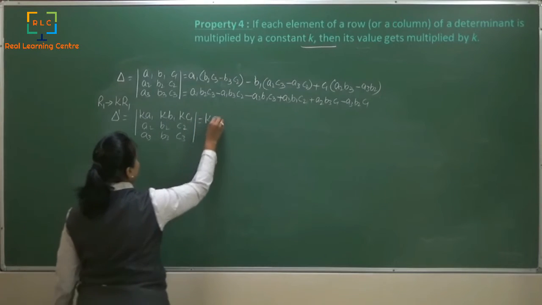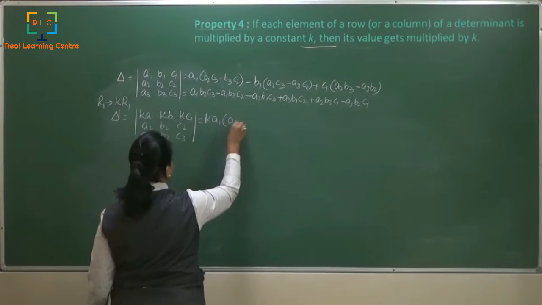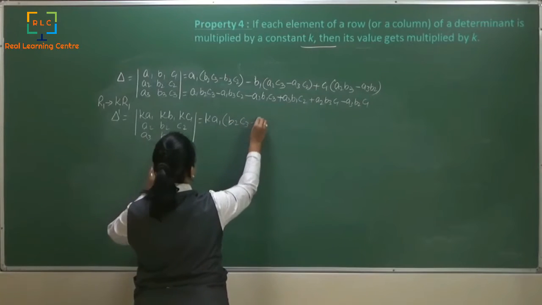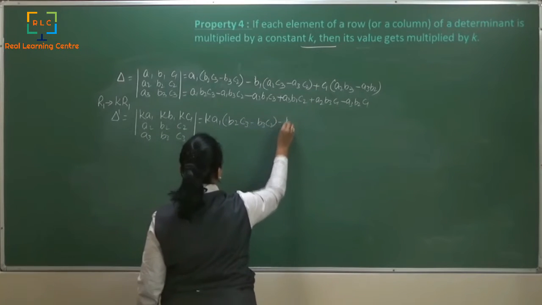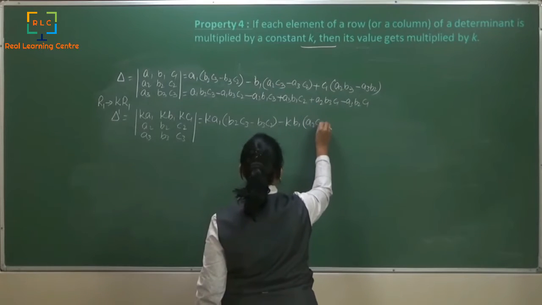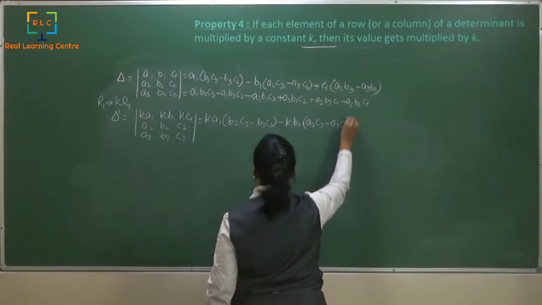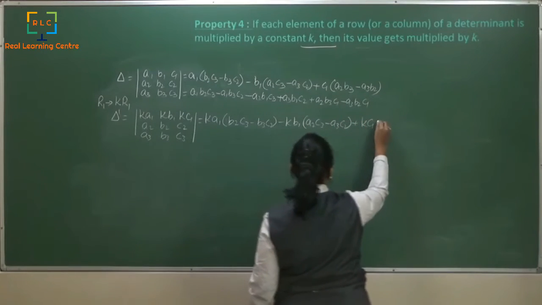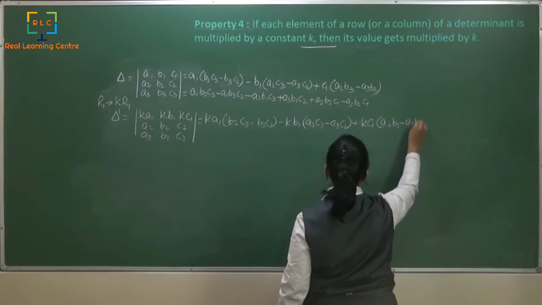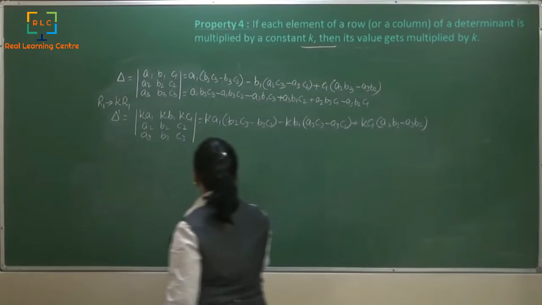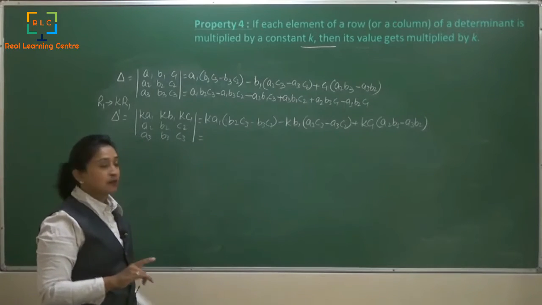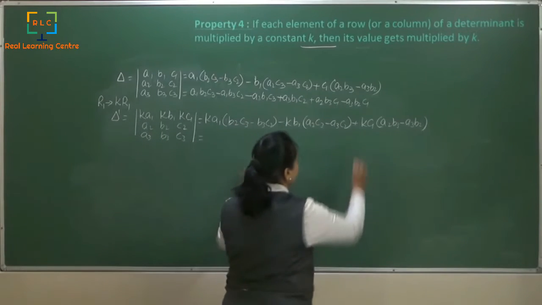Now I shall say KA1 into A2, I am sorry, B2, C3 minus B3, C2 minus KB1 into A2, C3 minus A3, C2 plus KC1 into A2, B3 minus A3, B2. This is equal to, now you see every term is having k common.